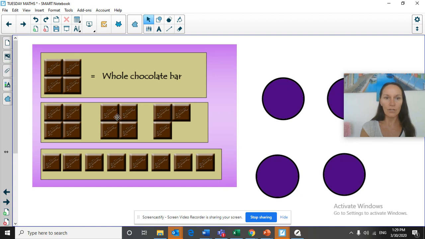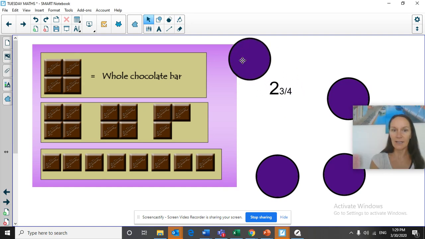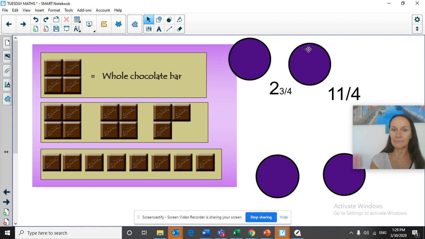So we've got 2 whole bars, and 1, 2, 3 pieces of 4, 3 quarters. And that looks like 2 3/4. And if we were to write it as an improper fraction, that would be 4, 8, 9, 10, 11 quarters.